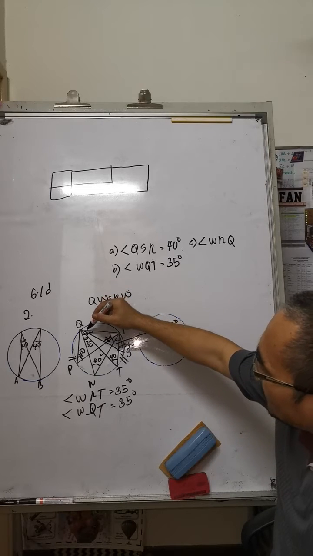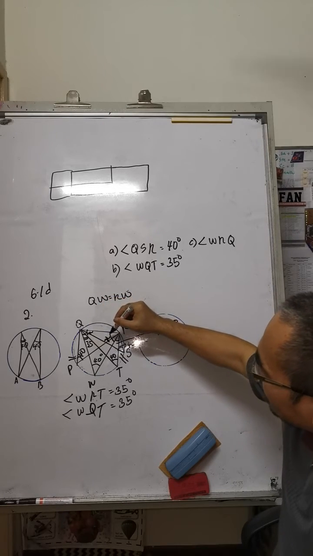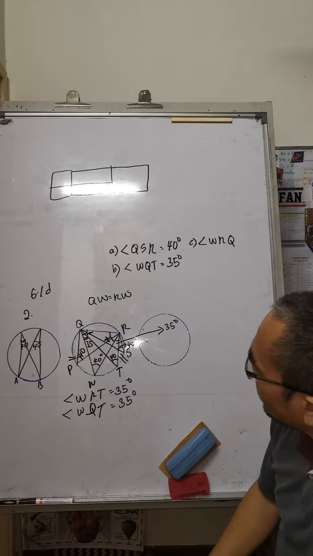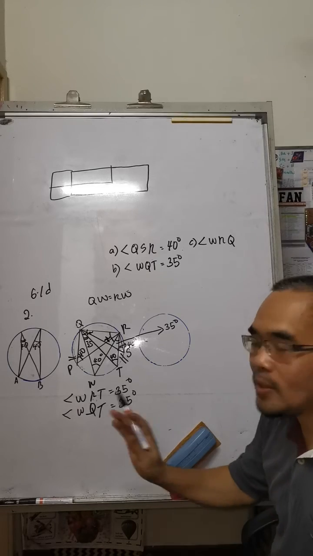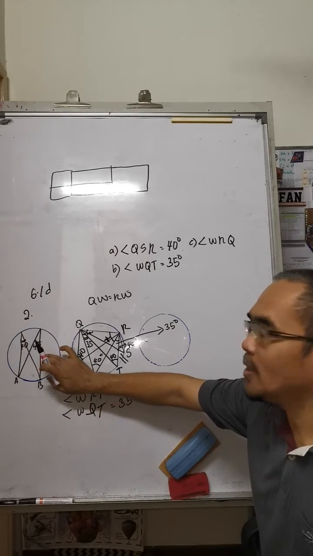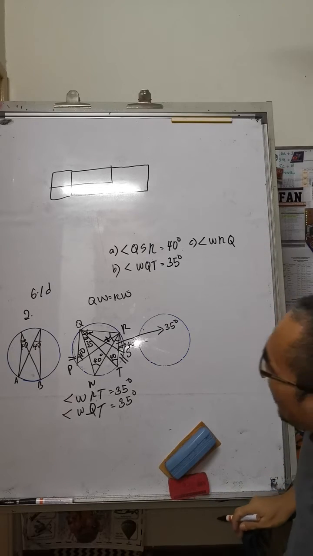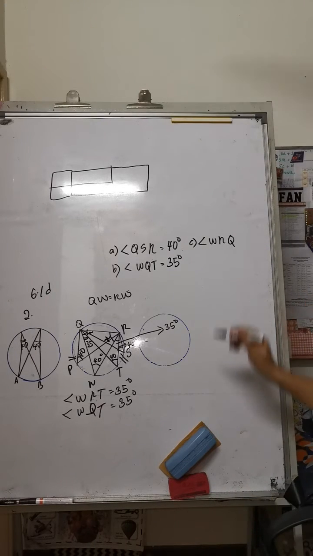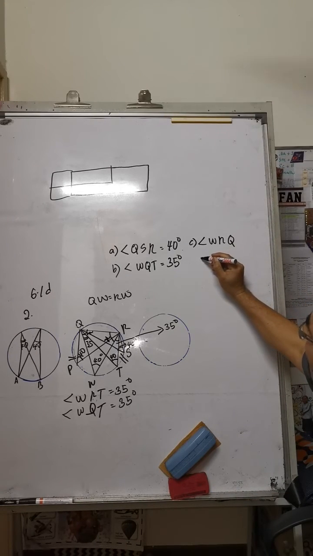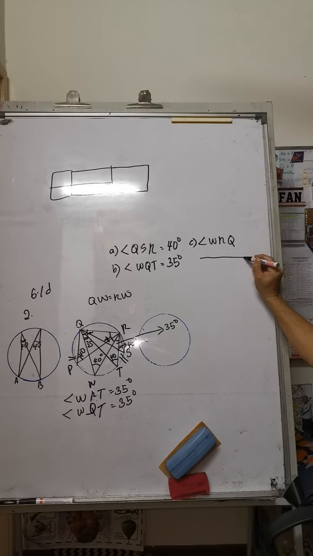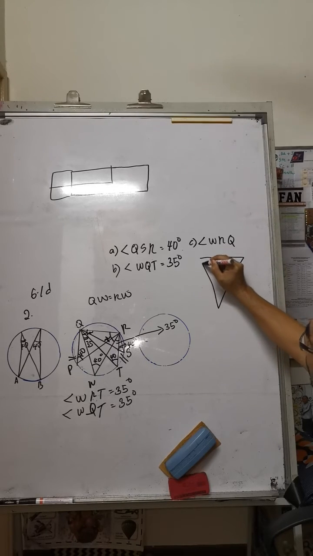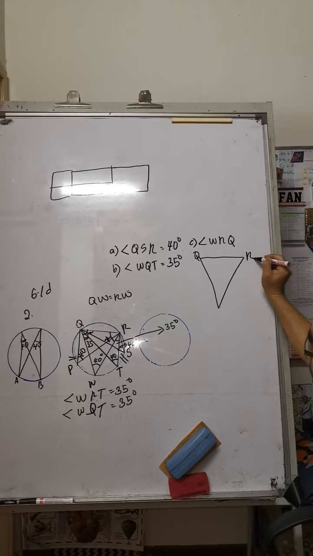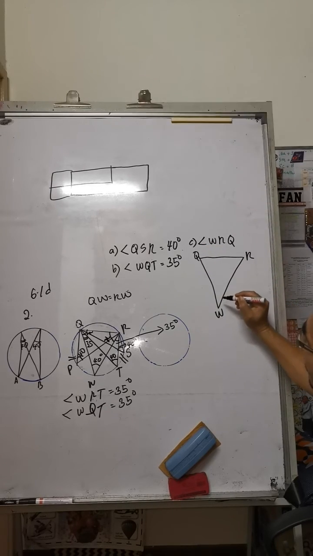Make sure that you know this is totally not related to this. So in order to explain that, I will draw the triangle Q, R, W, and here is 40 degrees.